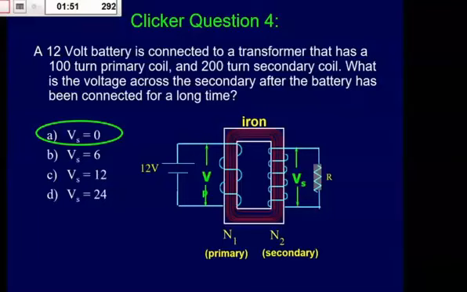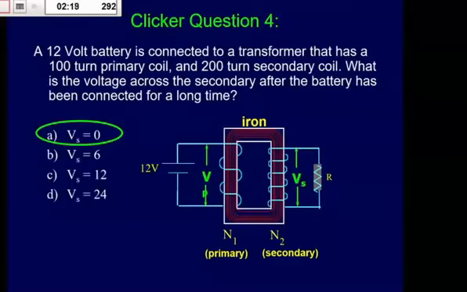Because we said there's no change in the flux. So it's really important here that the voltage has to be AC. It has to be switching. When the voltage is switching, the magnetic flux is constantly changing. If you have just a regular 12-volt battery, when you plug it in, it makes a current, which creates a magnetic field, but that magnetic field is static.